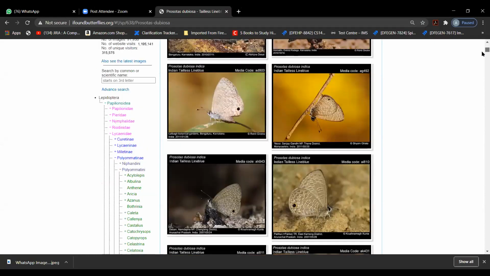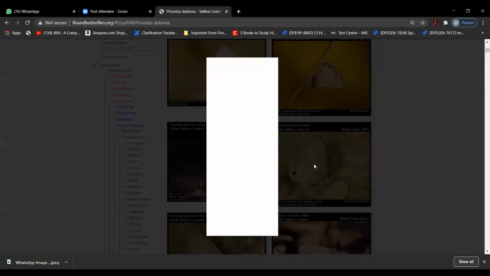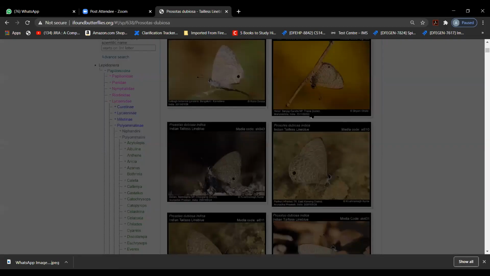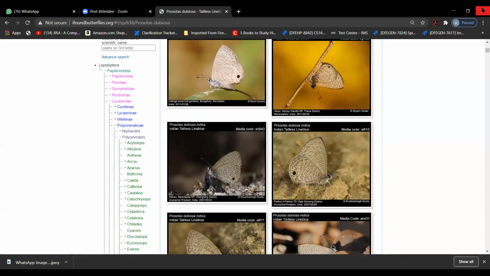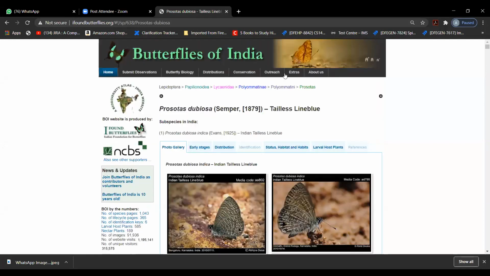Sometimes it's found that, see, what is the most significant, you can see it here. This particular both discal spots, the V formation, is very, very prominent in case of a tailless line blue, which is not in the case of a common line blue. If you see the common line blue, it is not that prominent. That's how I distinguish. I go to Prosotas nora.